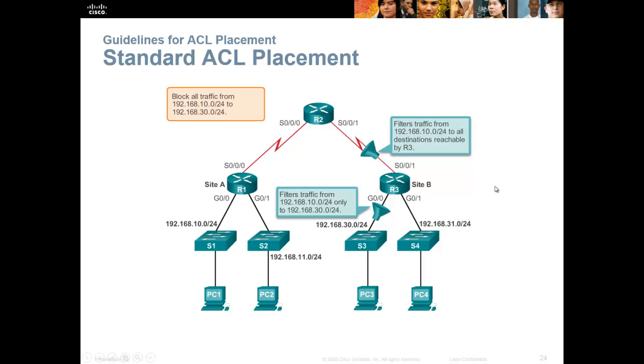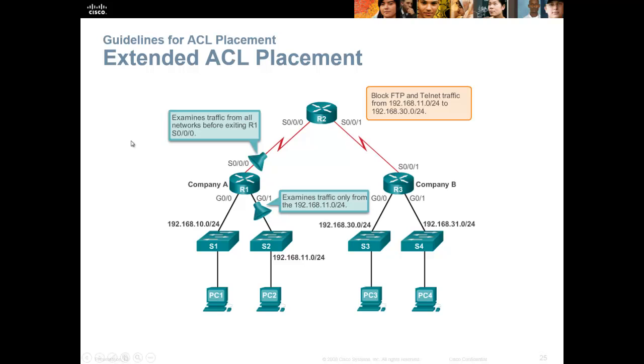All right, so extended. Remember, extended ACLs go closest to the source. In this example, we're trying to go from PC2 and block Telnet and FTP traffic to PC3. So what we want to do is block it here, incoming to R1, before it even gets out on our network and causes extra traffic.